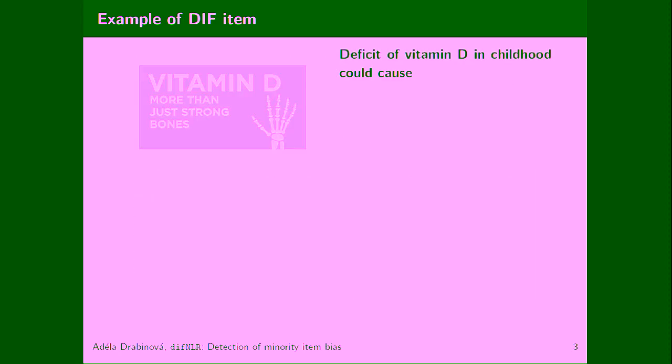And I will show you an example of such a DIF item. It's a real example from assessments in the Czech Republic, and the question was, deficit of vitamin D in childhood could cause, and options were rickets, scurvy, wolfism, and mental retardation. And the correct answer was rickets.